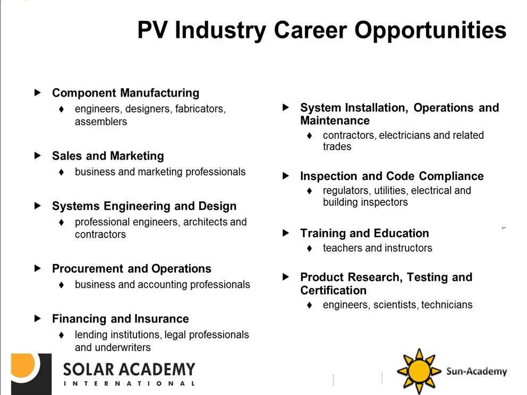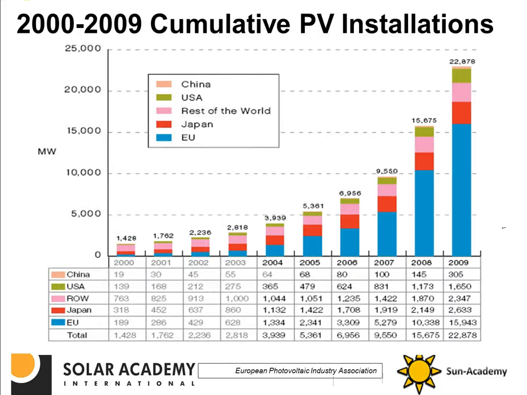The solar industry today is big business worldwide, generating billions of dollars in sales and generating careers in every aspect of business. The number of installations is growing exponentially worldwide. The EU has been the world leader over the past 10 years, but the trend in all markets is exponential growth.